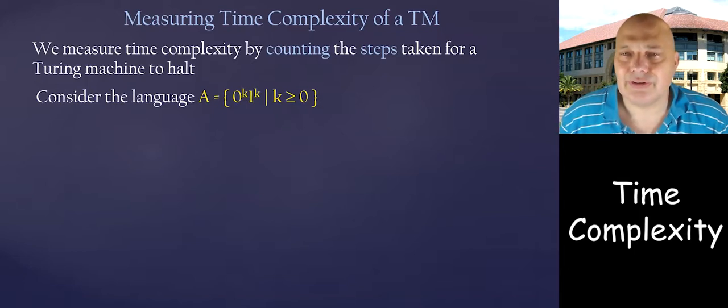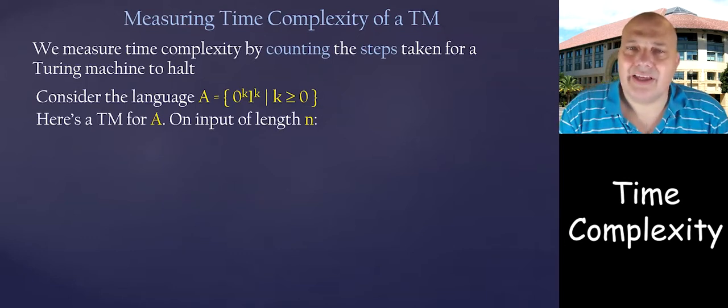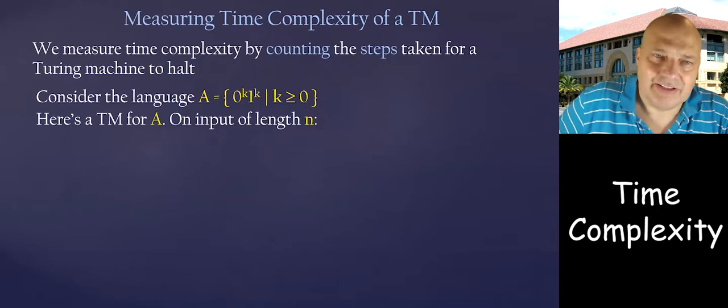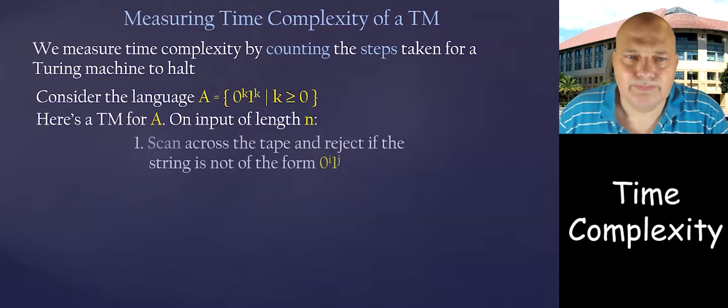So let's consider as an example the language 0^k 1^k, which we know is not regular. And so we cannot compute it with a DFA. But we can compute it with a Turing machine, and here is a possible Turing machine that computes it, in terms of its pseudocode.